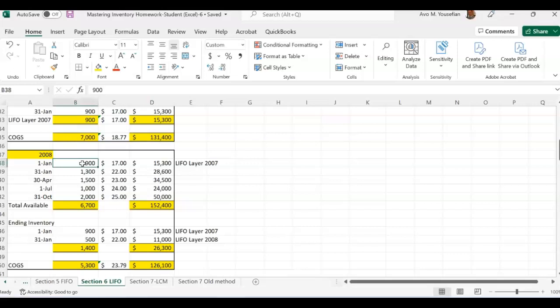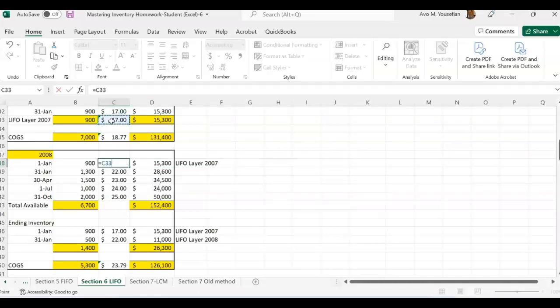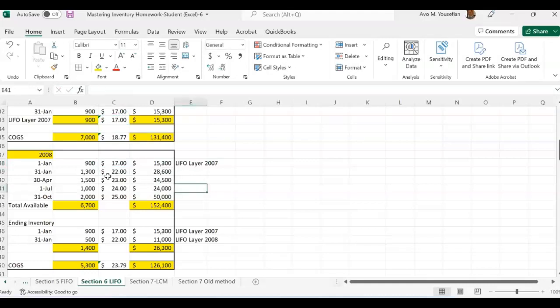So this is technically coming from there, and this is technically coming from here, or multiplying this number with this number, and that number is coming from there. Make sense? So 900 times 17, or you can just copy that number right there.